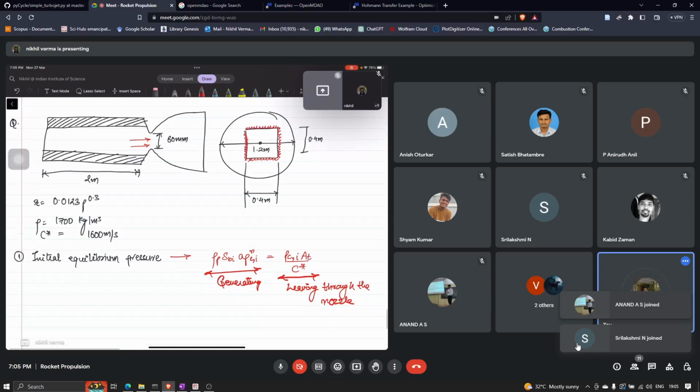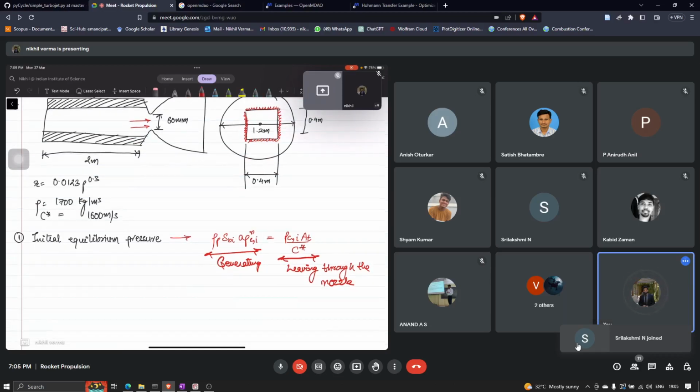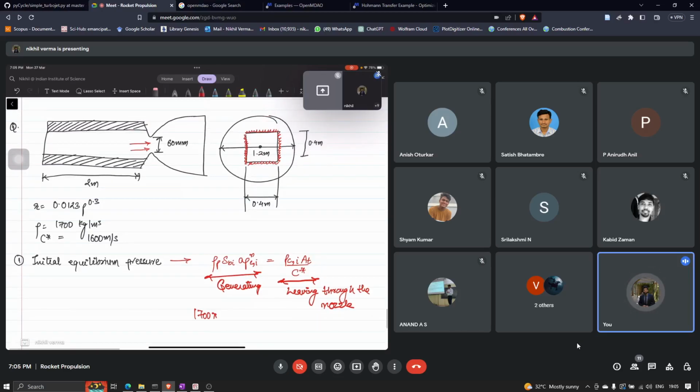So density is given as 1700. Now you have to calculate what is Sb.